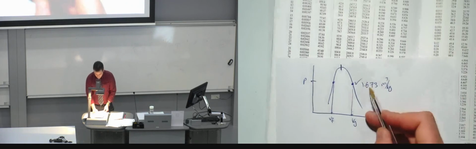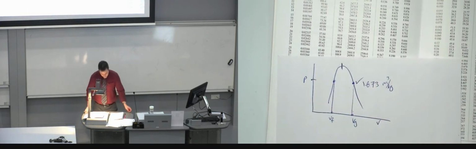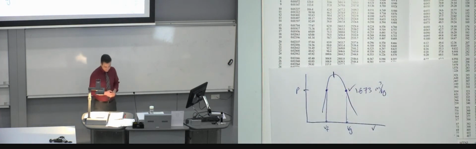Now the question is, how do we find, and this is where you might think it gets a bit tricky, the value of Vf? Vf, which is this value here, is not actually in the table. Well, it is in the table, but not here. Where can you find that?